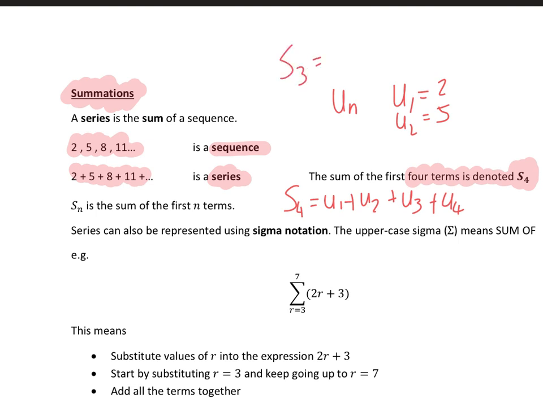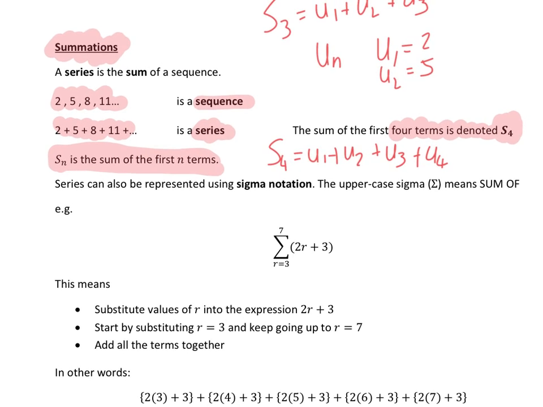If I was doing S3, for example, that would be U1, add U2, add U3. So in this case, it would be 2, add 5, add 8. If I was doing S1, it would just be 2. If I was doing S2, it would be 2, add 5, etc. So the Sn is the sum of the first n terms. So add together the first n terms, that's what it means.